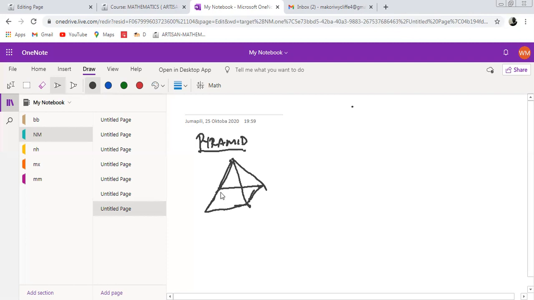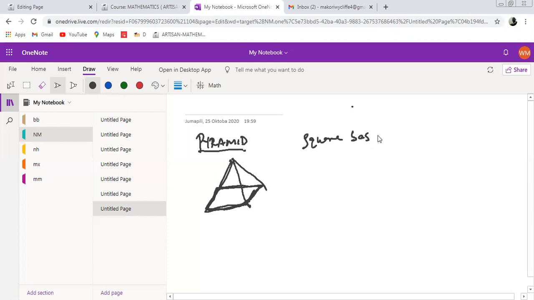A pyramid can be one whose base is a square, meaning that all sides of the base are equal, or it can be one whose base is rectangular, meaning that the two opposite sides are the same, and the two faces of the slant edges or the slant faces are also going to be similar.